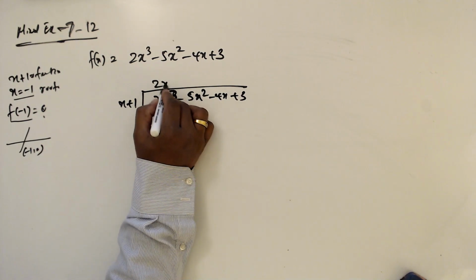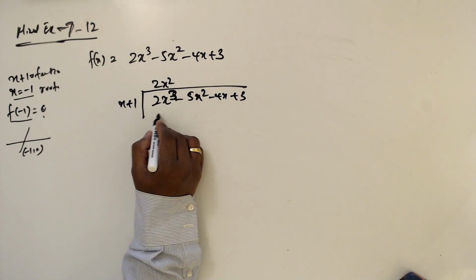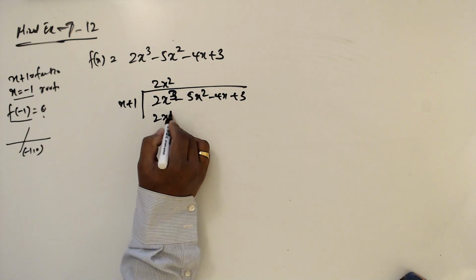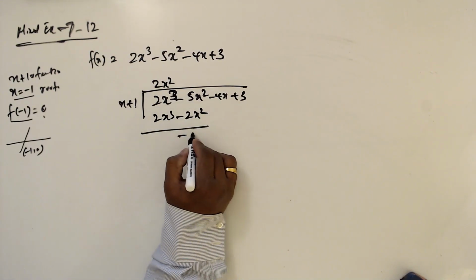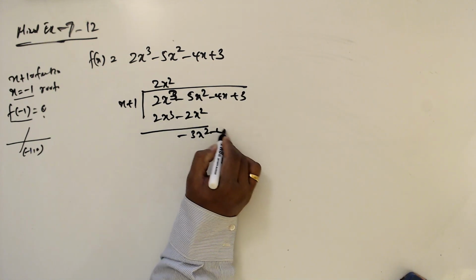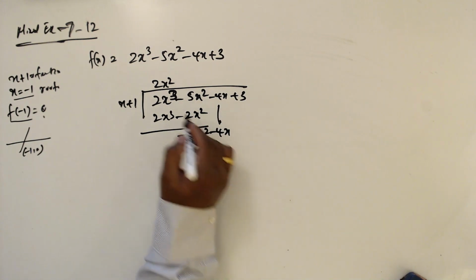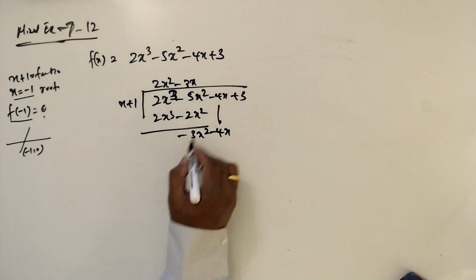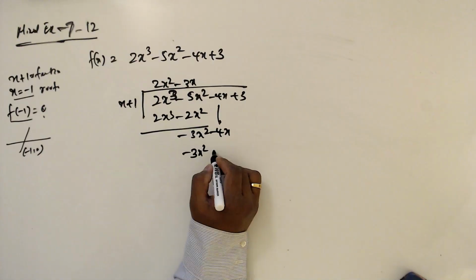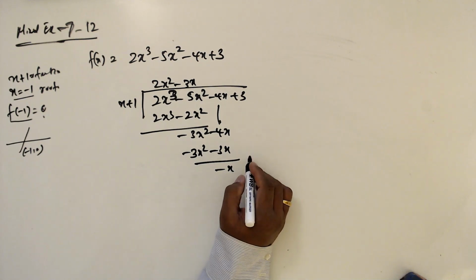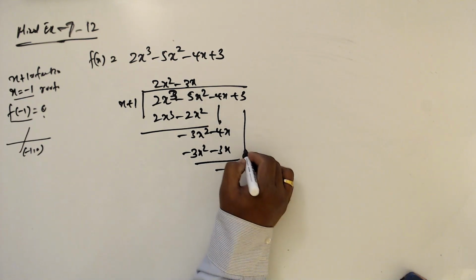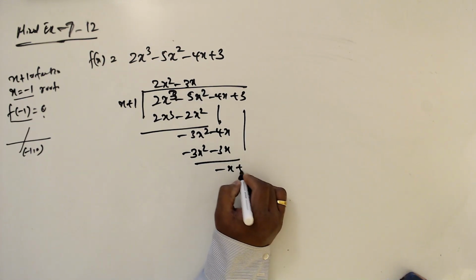Then this is 2x squared. This is going to be 2x cubed minus 2x squared. This is going to be minus 7x squared minus 4x. I bring down 4x, minus 7x squared minus 7x. This is going to be plus 3x. This one is going to be plus 3.